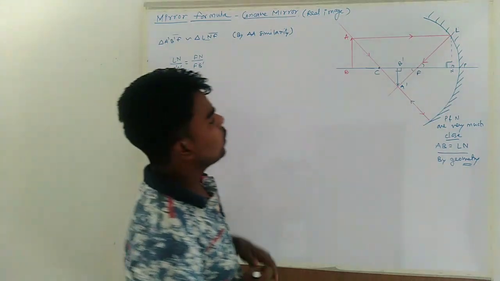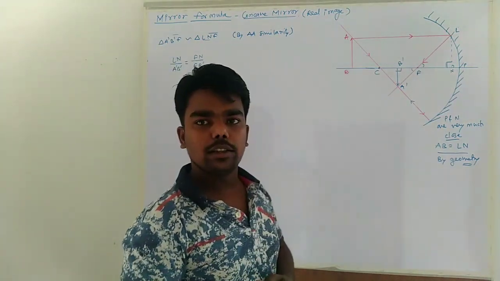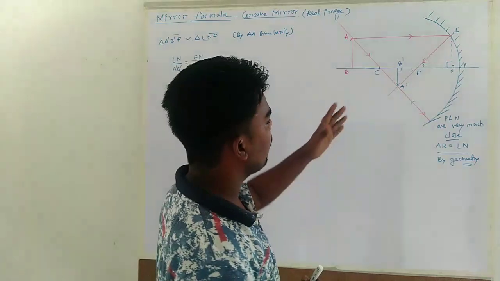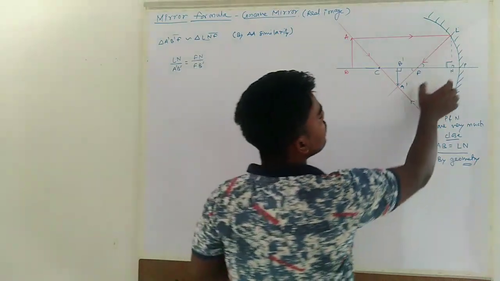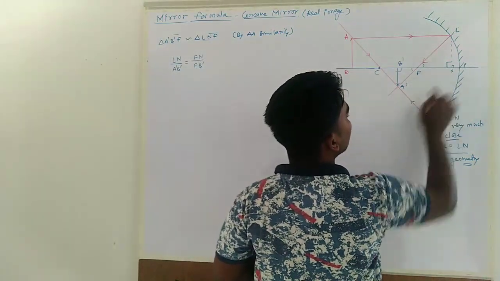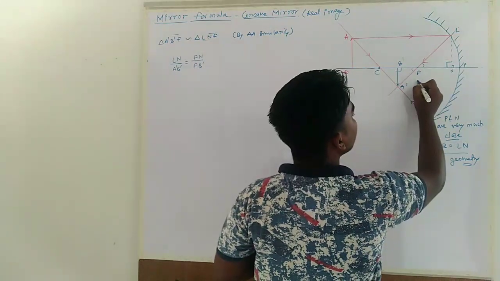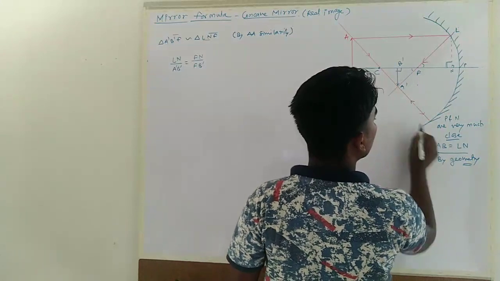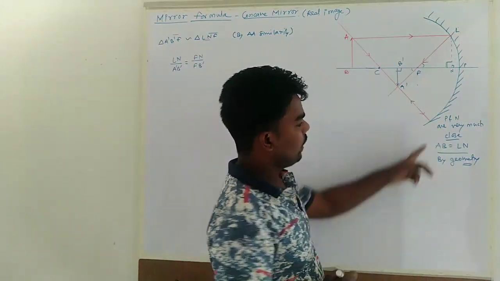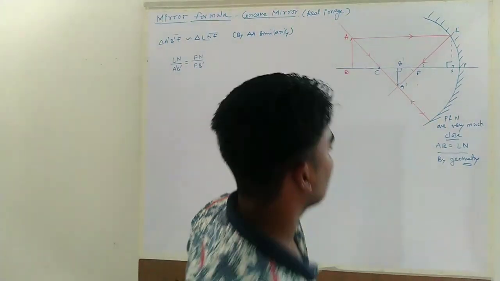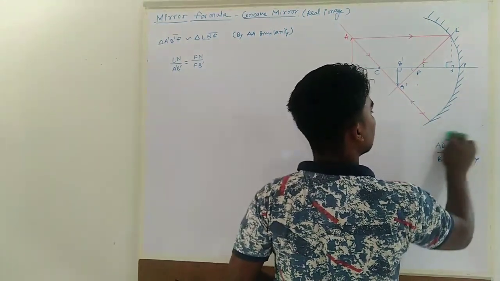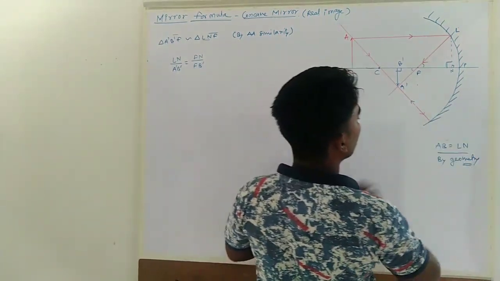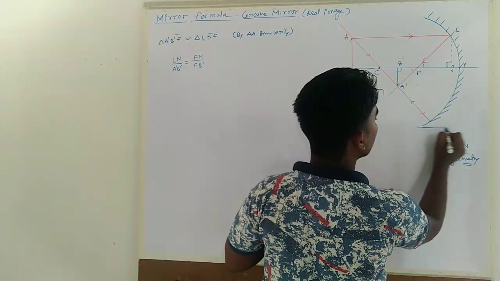But here we know certain things. By this diagram, what is this distance PF?